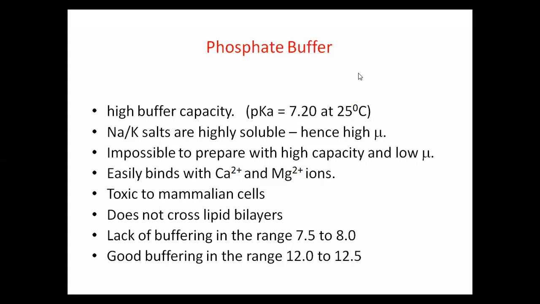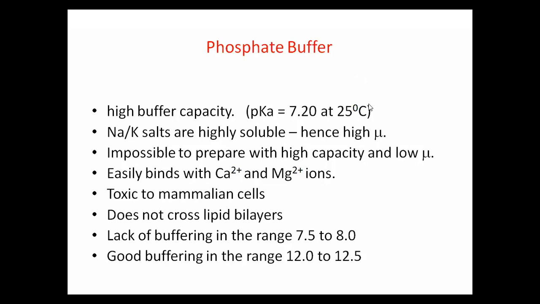When you take the phosphate buffer, its pKa value is 7.20. Also in this buffer, sodium and potassium salts are highly soluble, and because of this nature, this buffer has a high ionic strength.